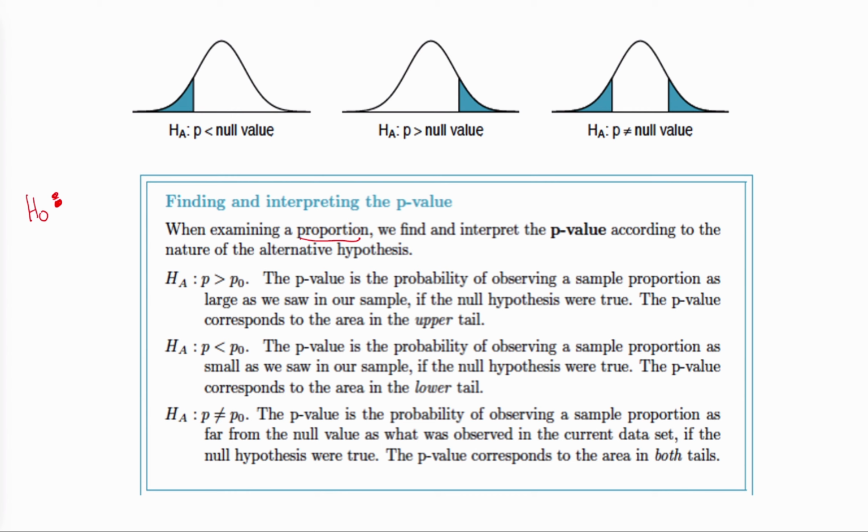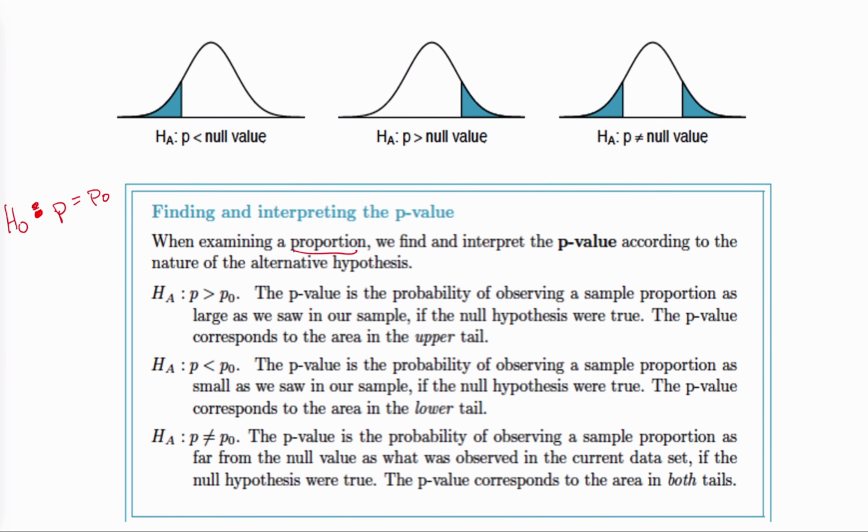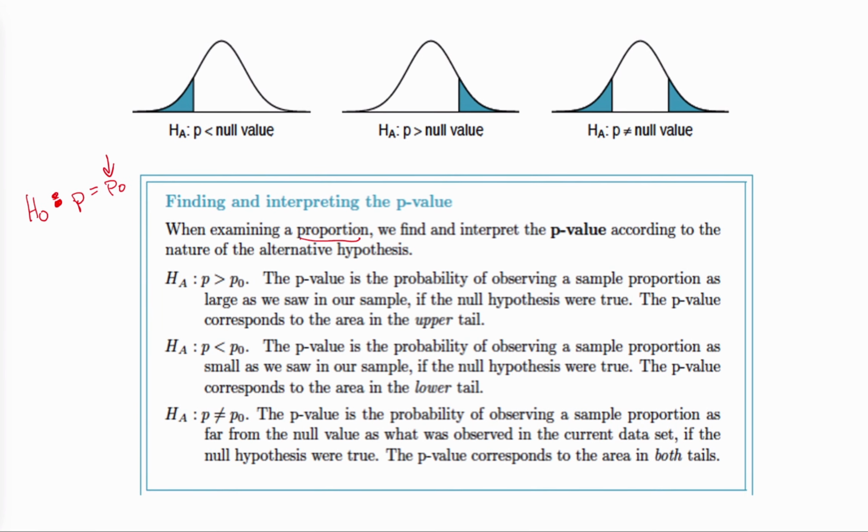Your null hypothesis is that p is equal to some value, which is called the null value. A lot of times for a proportion, this is 0.5 if we're trying to find whether a majority do something. Not always, but a lot of times.